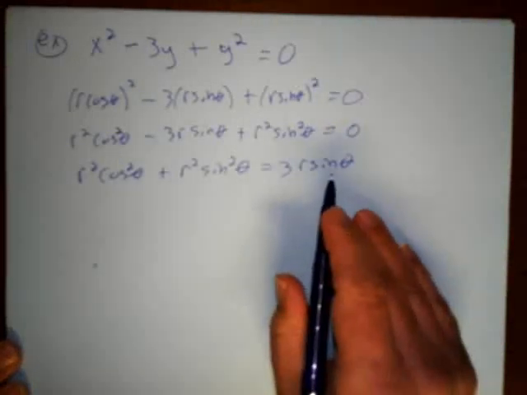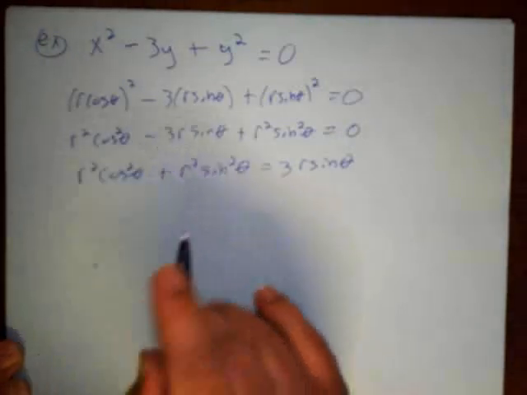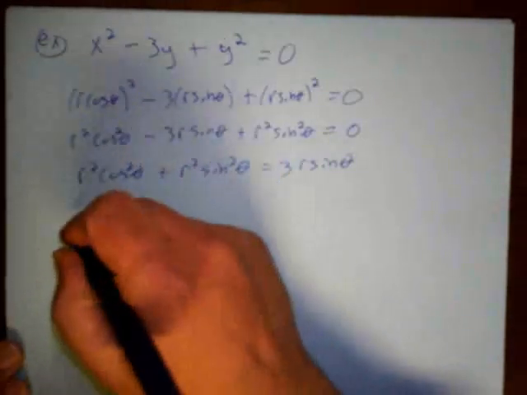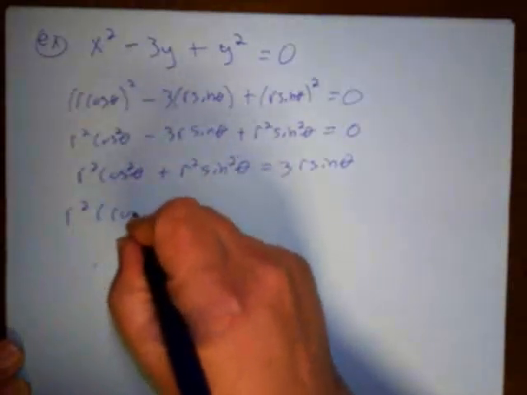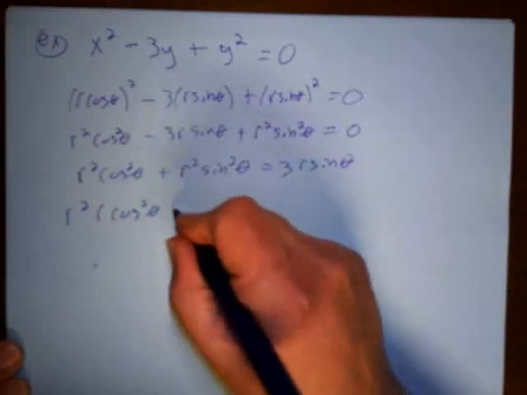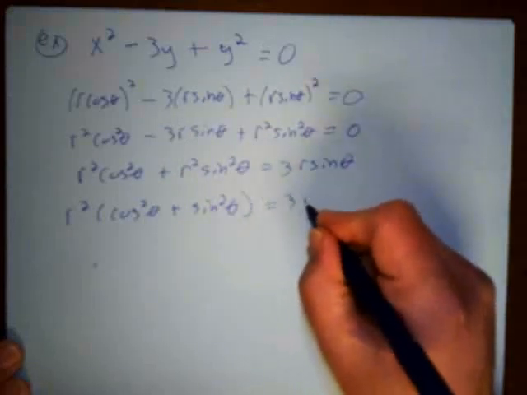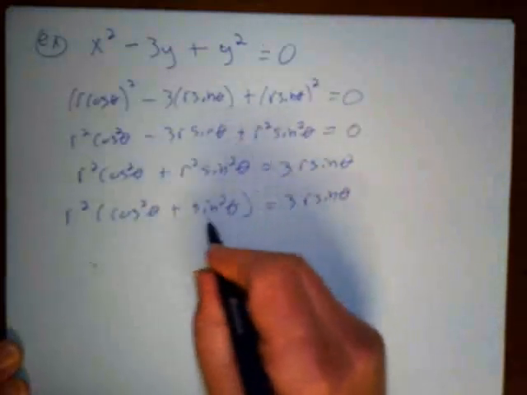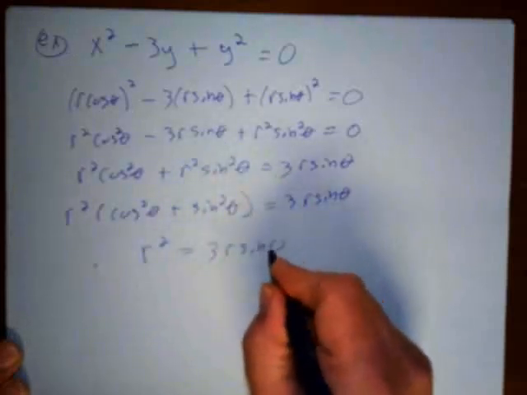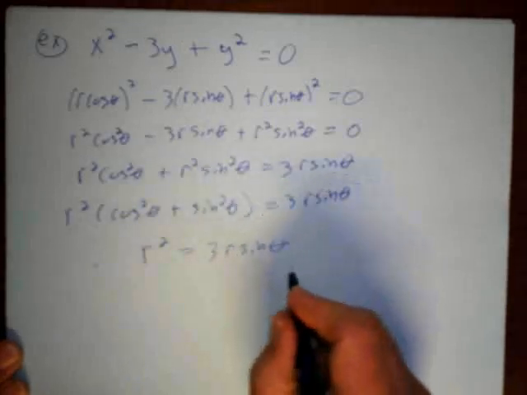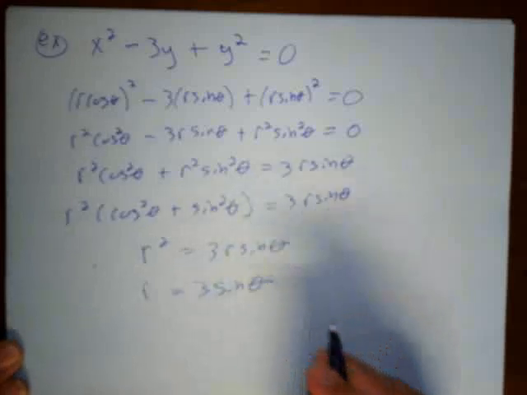Okay, and now I can bring out the r squared, and I get this, again the Pythagorean identity, and that just becomes 1. So I get r squared is equal to 3r sine theta, and then I can divide both sides by r, and I just get r equals 3 sine theta.